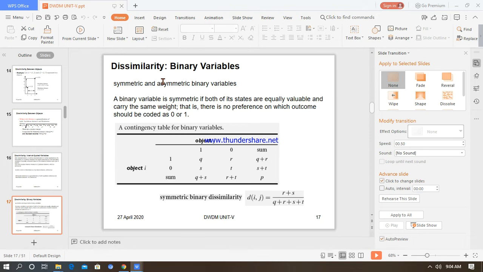That type of attribute we call an asymmetric binary variable, which generally has only two states, 0 and 1. A binary variable is symmetric if both states are equally valuable and carry the same weight, that is, there is no preference on which outcome should be coded as 0 or 1.